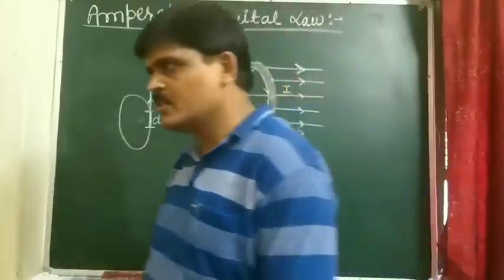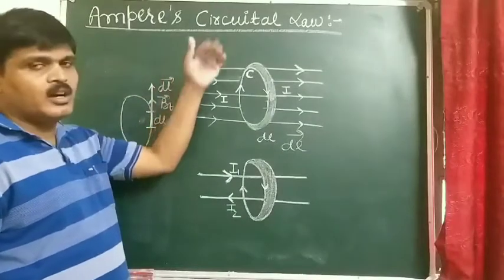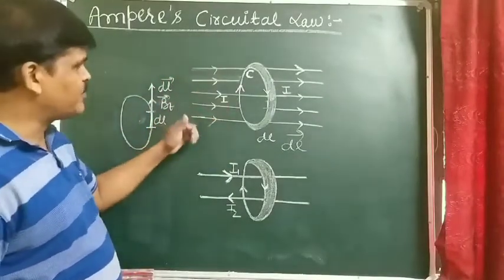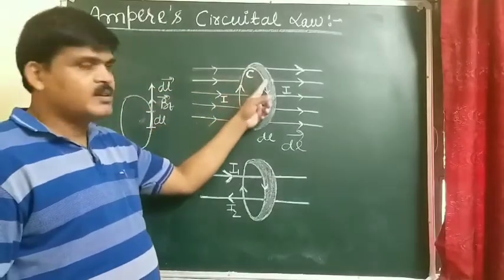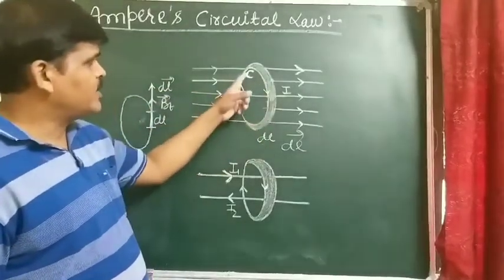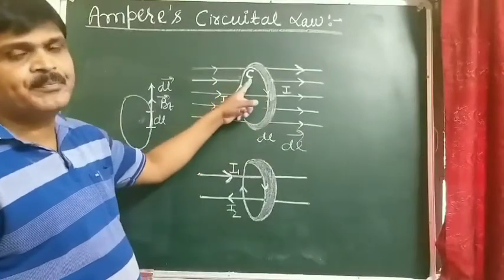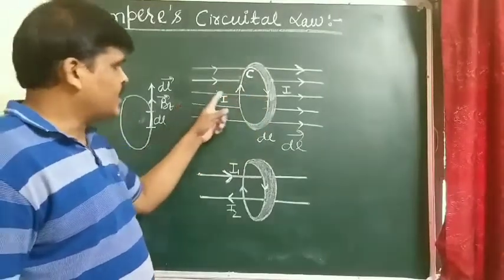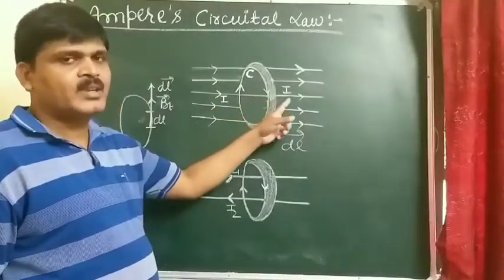Now I am going to explain what Ampere's circuital law is and how we find its actual formula. Here a diagram is shown. Consider an open surface with boundary C, and a current I is passing through this surface.